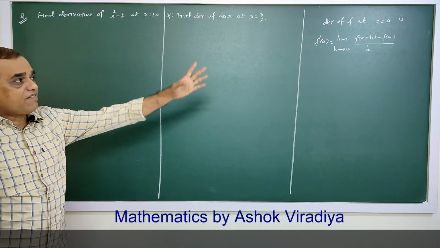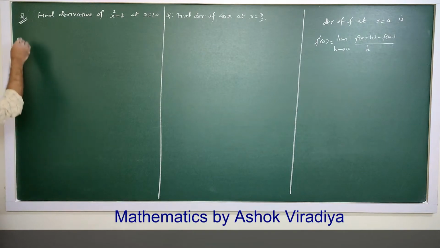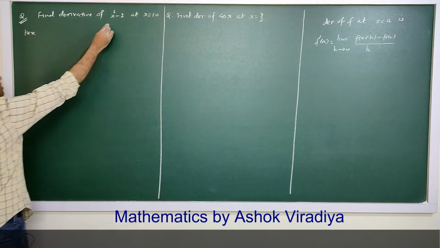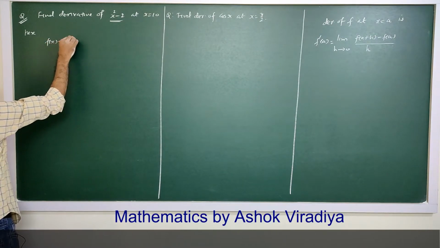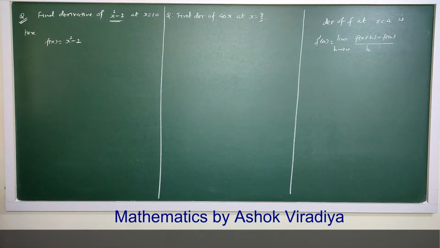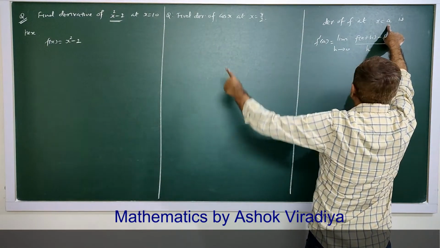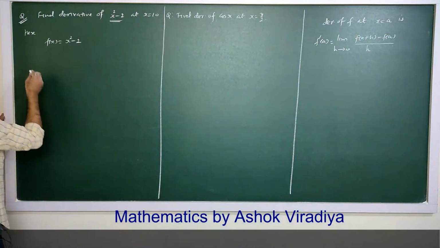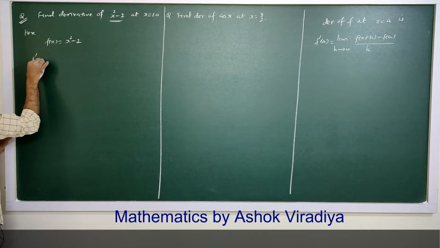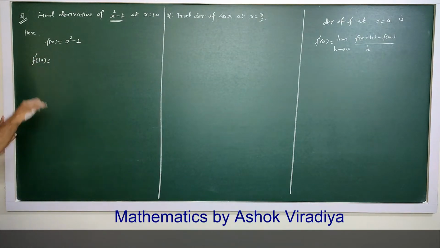We are using this definition. Say in this question, f(x) is x square minus 2. We want to check derivative at x equal to 10. So a is 10. So f dash of 10.